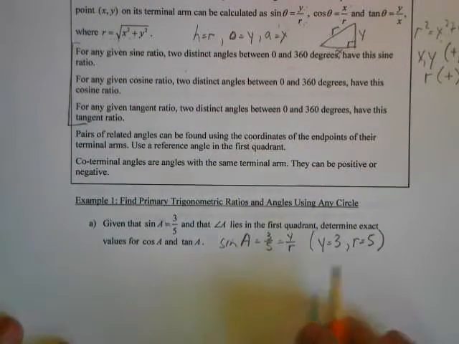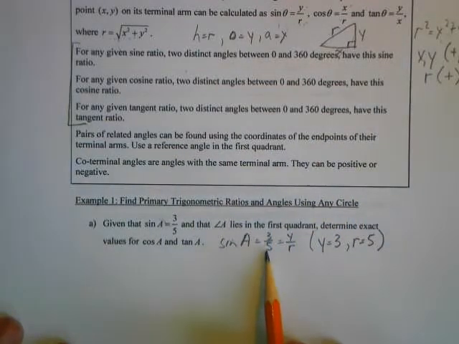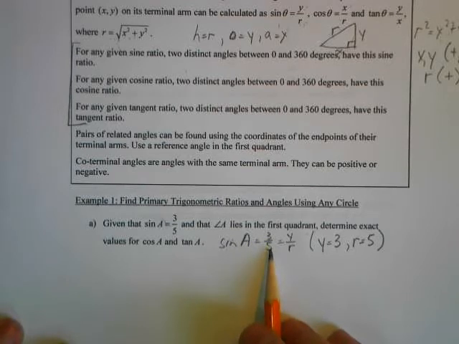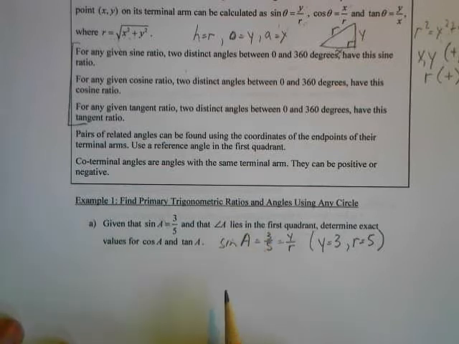Okay, now remember what I said about r. R has to be positive. Well, let me back up for a second. If I knew this sine ratio was 3/5, that could mean that the top number is -3 and the bottom number is -5, which cancels out to become 3/5.